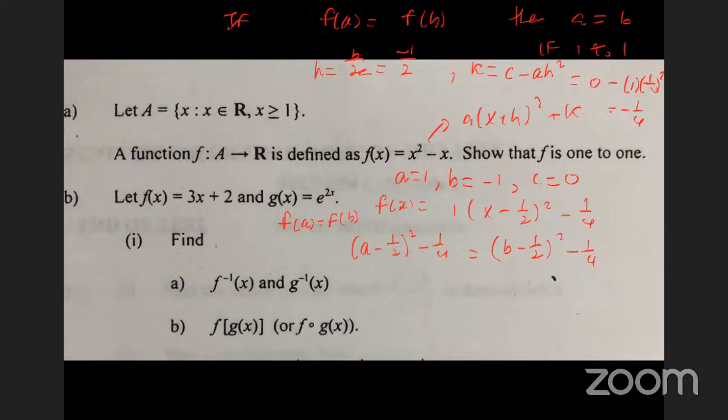Right, so the quarters will cancel and you'll get a -1/2 squared is equal to b -1/2 squared. And then you'll square both sides. So you'll get a -1/2, b -1/2, and then the half will cancel.